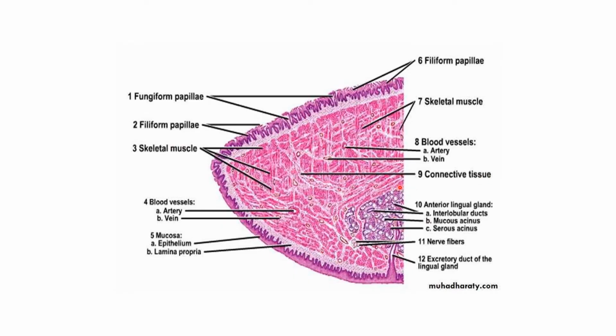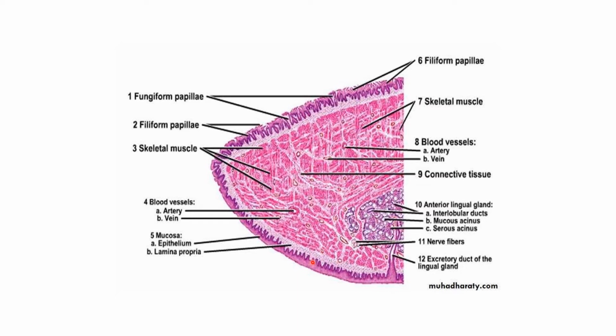This is showing the histological slide of the tongue, which is showing both the dorsal surface and the ventral surface. The dorsal surface, as I told you, is rough, due to the presence of the papillae on the dorsal surface, and the ventral surface has the same lining as that of the oral cavity.